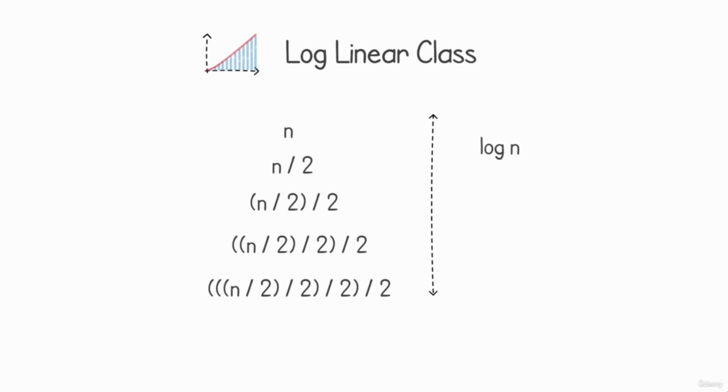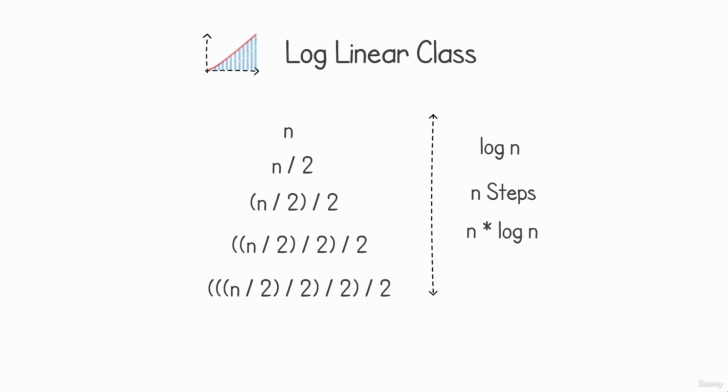The number of steps that we did was proportional to log of n. The algorithms in this log linear class are similar to this. However, at each step where we are doing this division, where we are reducing our problem space by a ratio, we also perform a linear operation where we do a number of operations that is equivalent to the input size n.